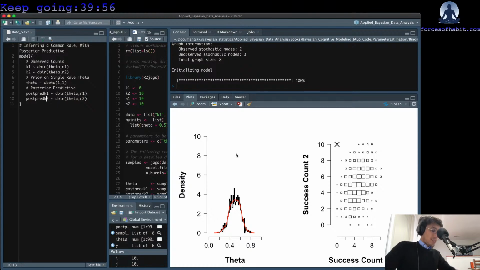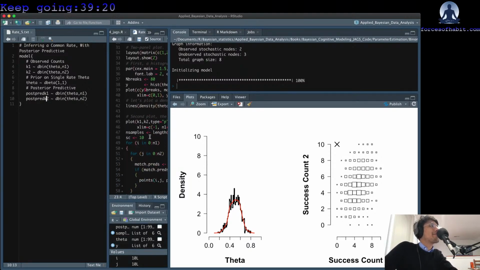And then the x, I don't know what the x is. Let's take a look at the code.